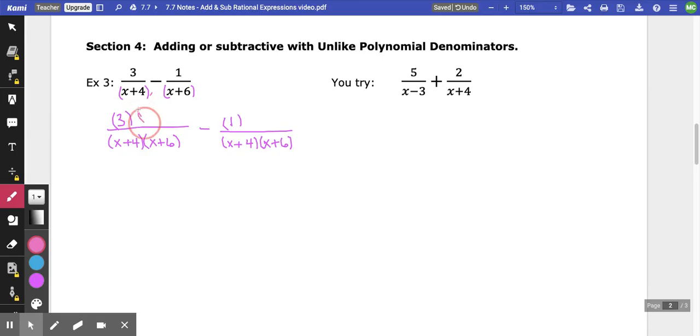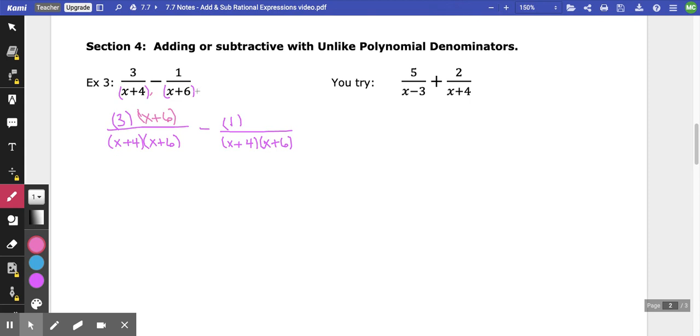So I have to multiply the numerator by x + 6 as well. You'll notice that in this first one, there's an x + 6 in common with the top and the bottom. If you were to cross those out, that first rational expression would be identical to the first rational expression from the original problem. That's kind of proof that we didn't change it. We just changed the way it looked.